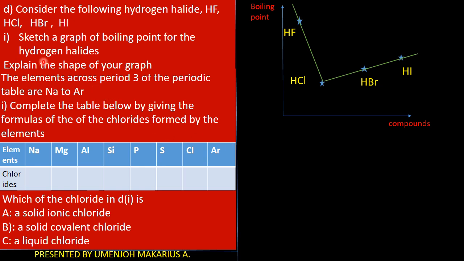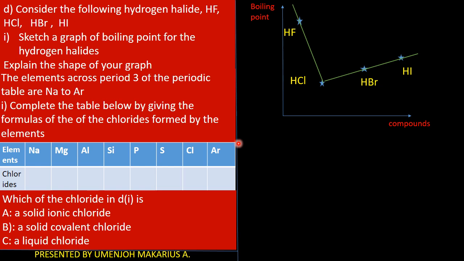Then the next question wants us to explain the shape of the graph. Like I said, guys, normally the boiling point increases with an increase in van der Waals forces, and the van der Waals forces increase normally with an increase in molecular weight. But hydrogen fluoride, as we saw here, has much stronger hydrogen bonding, so it has a much larger boiling point.